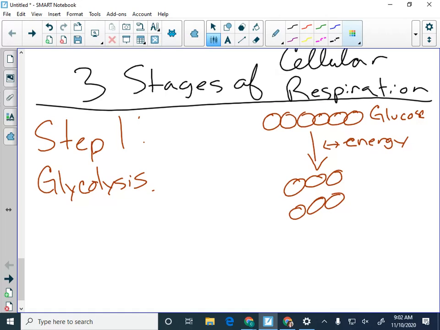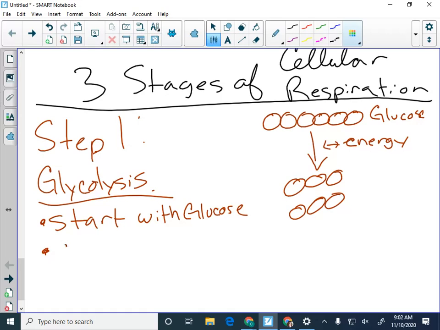So, glycolysis: we start with glucose, and there's a small energy release.